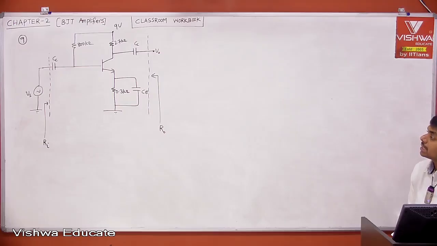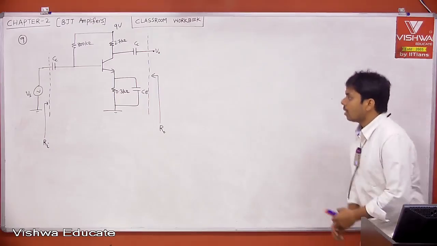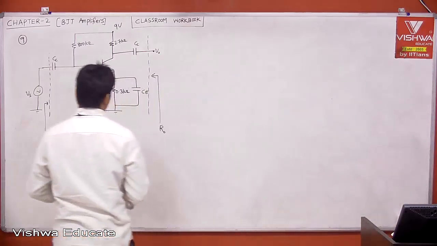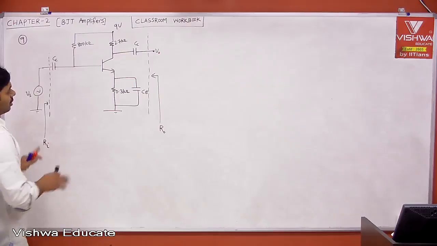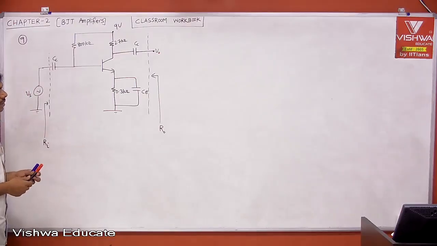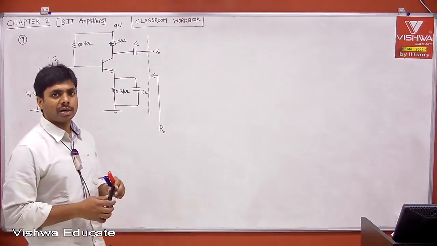Now, if CE is disconnected, then input impedance increases, magnitude of voltage gain decreases. He is speaking about Ri and Av, right? Now, first of all, before disconnecting CE, tell me, input impedance and voltage gain, are they AC parameters or DC parameters?